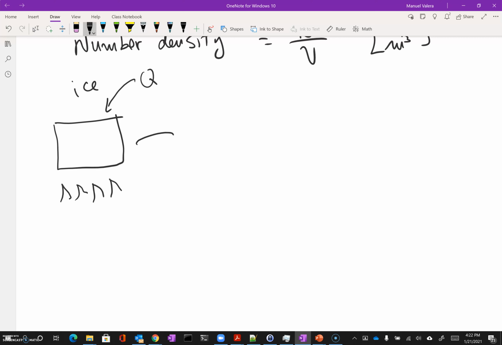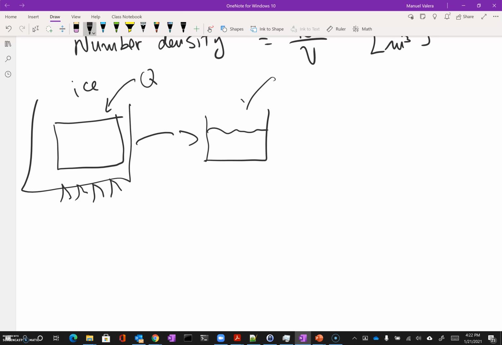This is going to melt, and it's going to become a liquid. You have a container here that holds the ice. And if you keep adding heat, eventually this is going to become a gas, and then it's going to become vapor.